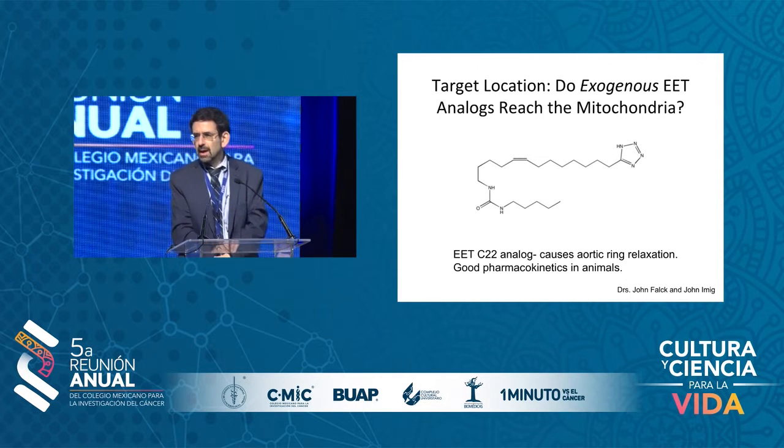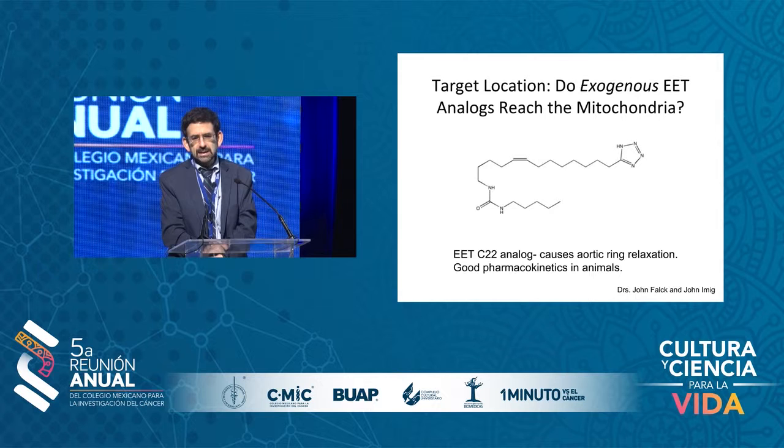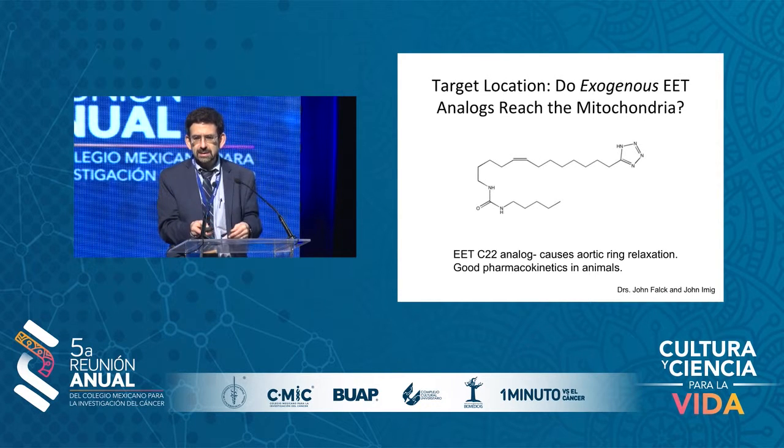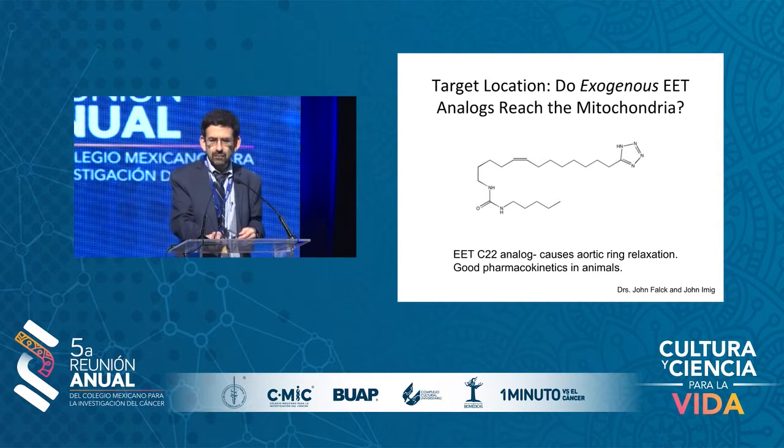So John Emig and Camille Falk designed a third-generation EET analog, and it contains a urea group that mimics the epoxide, and it contains a charged polar group at the head and a requisite alkene. And this compound does the aortic ring relaxation that I told you about, and it also plays an important role as an EET superagonist, if you will.